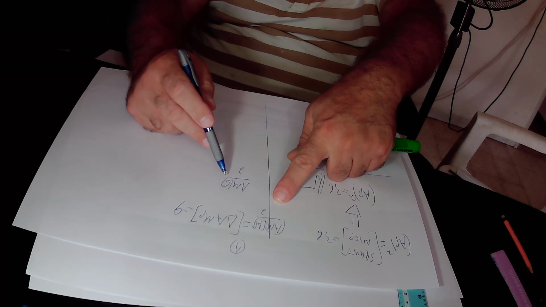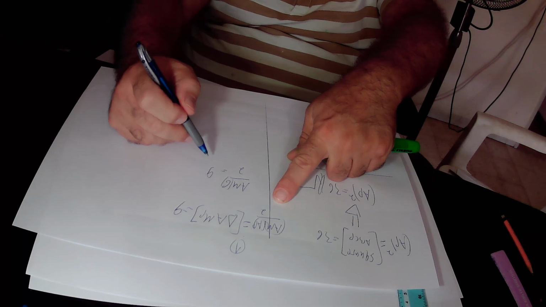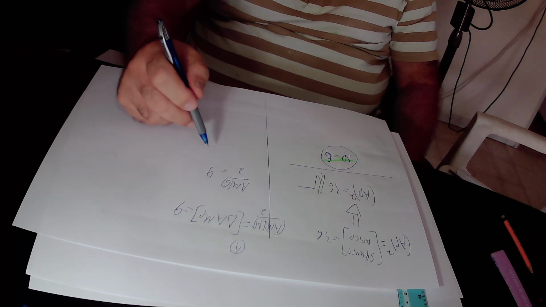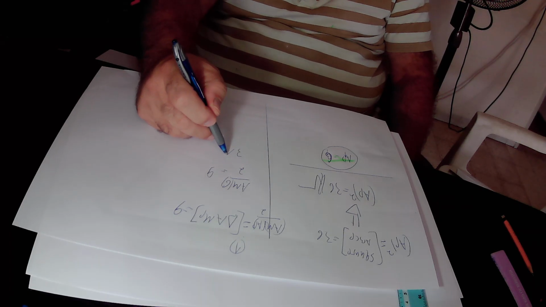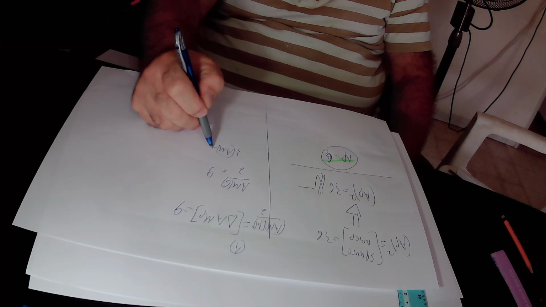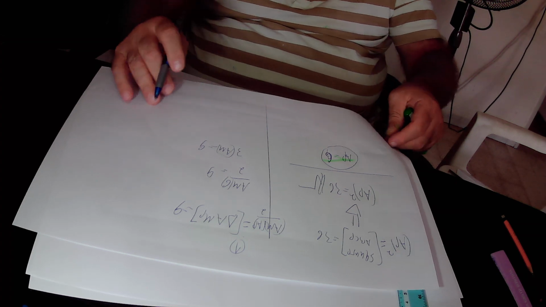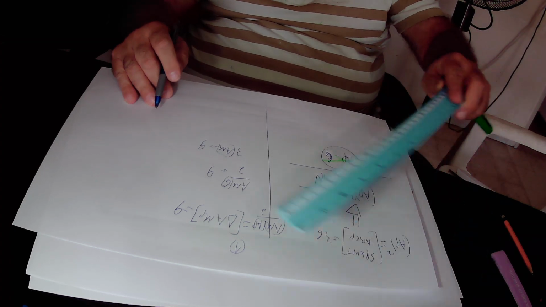So AM times 6 over 2 equals 9. 6 over 2 is 3, so in total this expression equals 3 times AM equals 9.